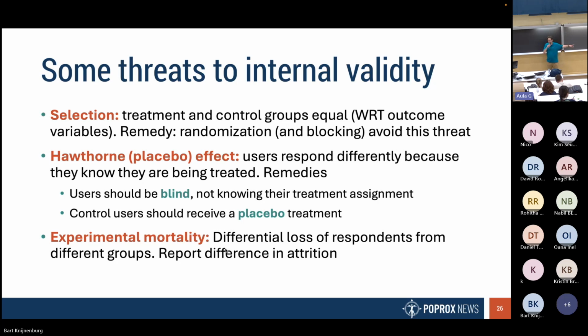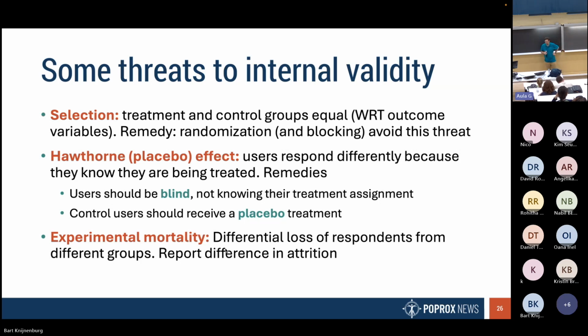And this effect becomes particularly important when you have these within subjects designs, where you kind of know what the other treatment is, right? So you did one condition already, and now you're doing the other condition. You still know what happened in the first condition, and it's going to affect how you behave.